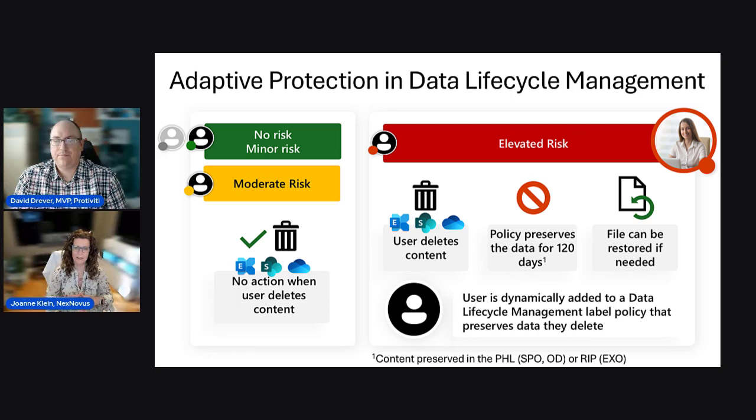It's hidden, but it's in there, and it copies, basically, a full copy of all that deleted content into the preservation hold library in a special folder called Protected, for exactly this reason. And it stays there for, last I heard, a hard 120 days. I don't think that's configurable. Might be one day, but basically you have 120 days to go in there and restore the data if it was deleted.